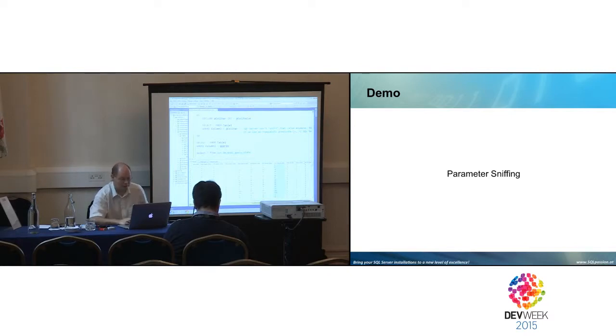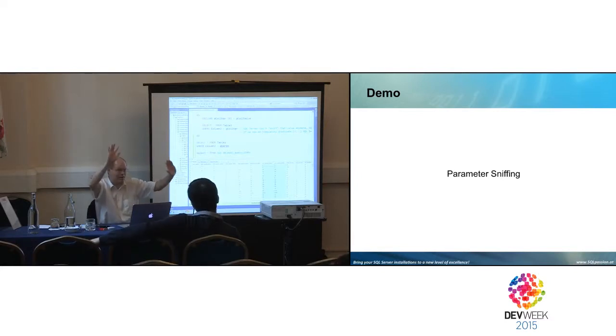This means you can do an order by max logical reads minus min logical reads to see where you have a very, very large variation. Just think about that.